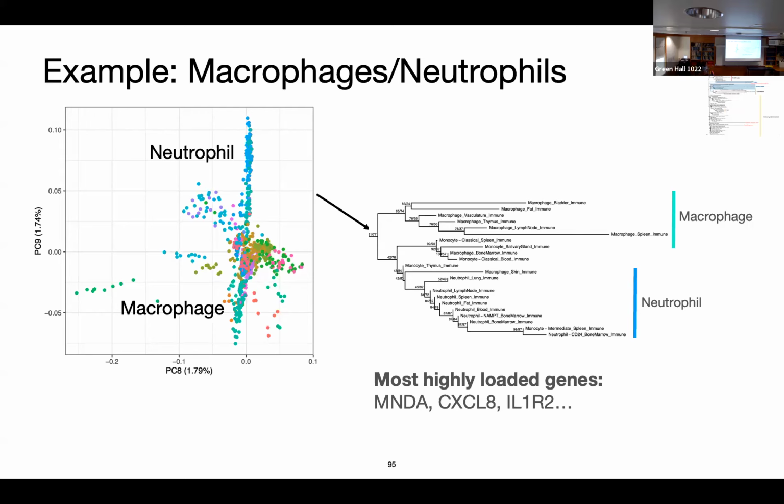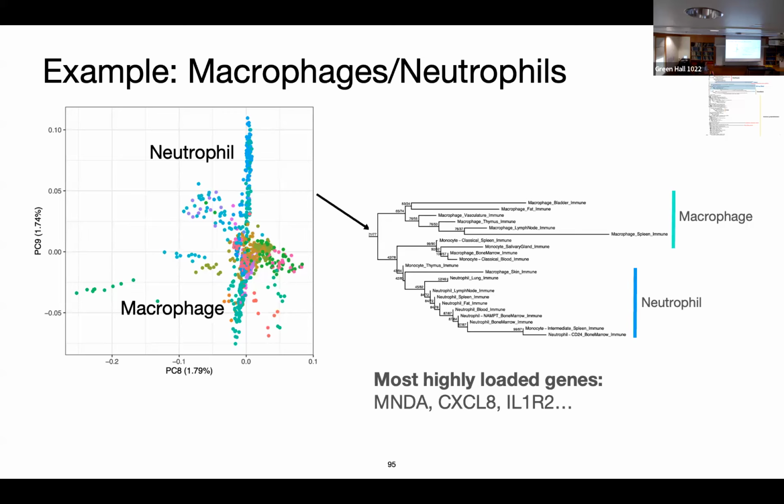So for instance, this is the cell type signal for neutrophils and macrophages that was isolated in PCs 8 and 9. PC 8 tightly defines these clades, whereas PC 9 differentiates the neutrophils from the macrophages. So I can hypothesize that this variance arose right here, right at the root of the macrophage and neutrophil clade.